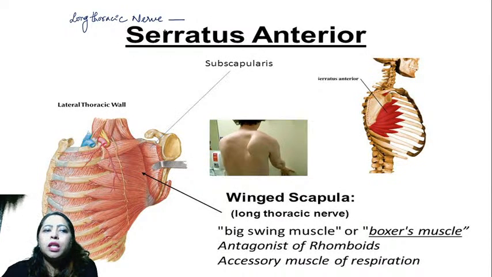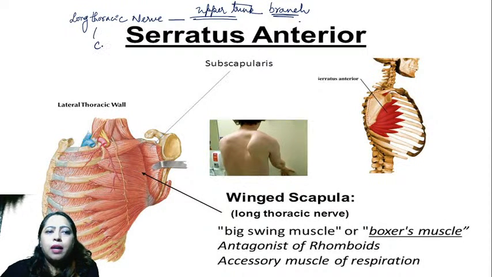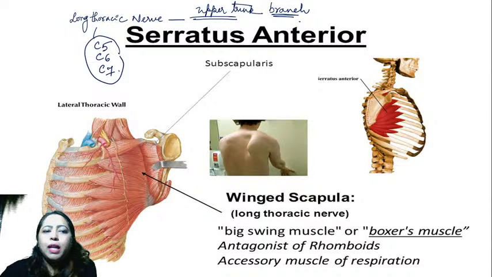It is from the long thoracic nerve, is also from the upper trunk. Upper trunk branch it is. So it is having the same C5, C6, C7 as the root value, just like musculocutaneous nerve.